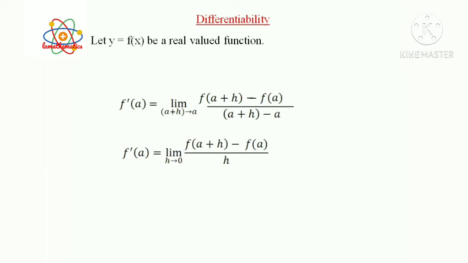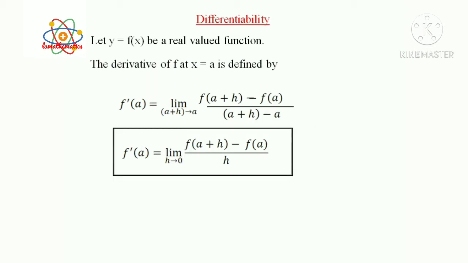Therefore, we can write f dash a equal to limit h tends to 0 f of a plus h minus f of a by h. Or we can define the derivative of f at x equal to a as f dash a equal to limit h tends to 0 f of a plus h minus f of a by h.